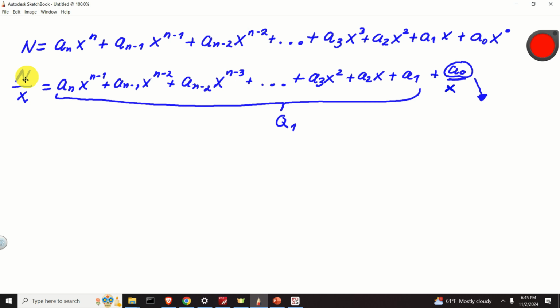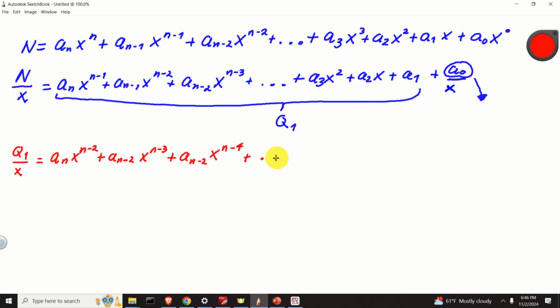That is, instead of n, now we take the quotient q1 and we divide the quotient by x. And as the result, we obtain q1 divided by x is equal to an x to the power n minus 2 plus an minus 2 x to the power n minus 3 plus an minus 2 x to the power n minus 4.